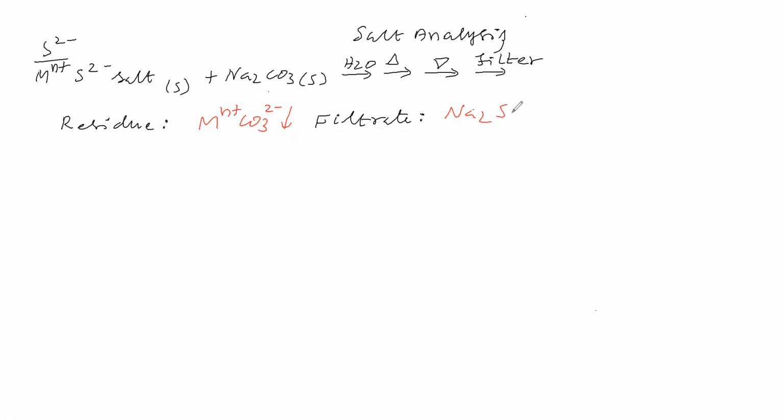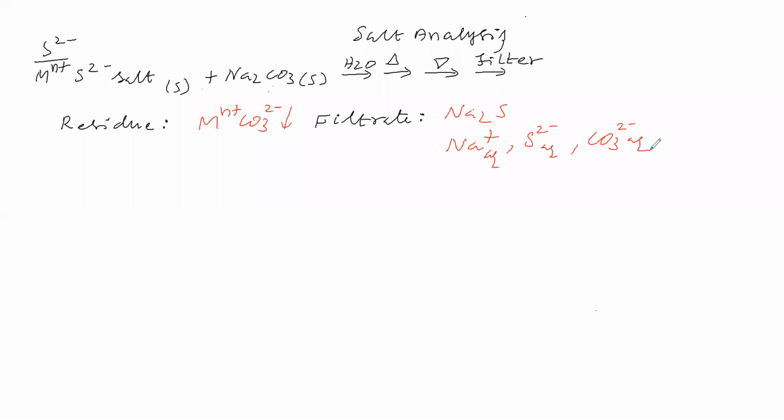Here the given salt anion is sulfide, which we have converted into sodium salt by preparing sodium carbonate extract. So the sodium carbonate extract contains sodium ions, sulfide ions and carbonate ions.